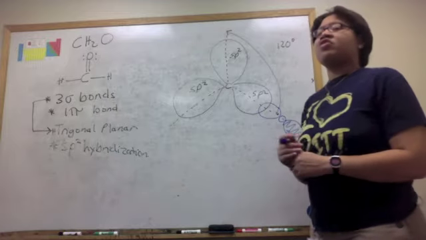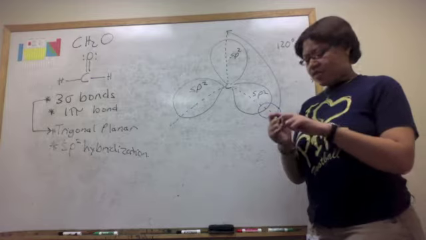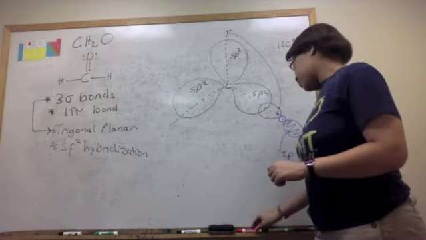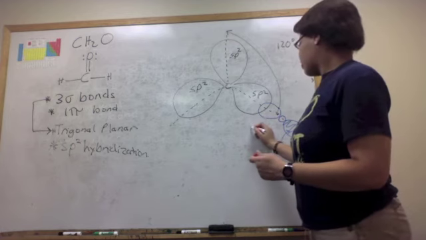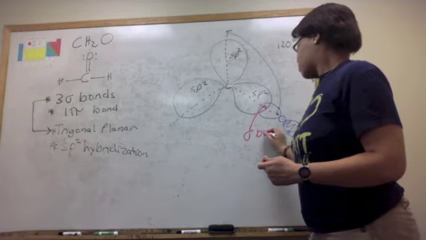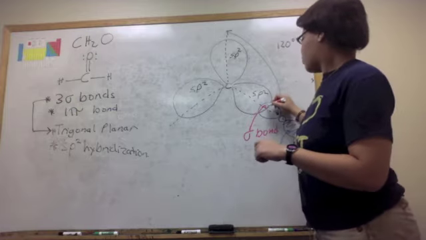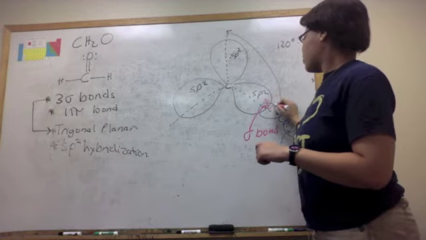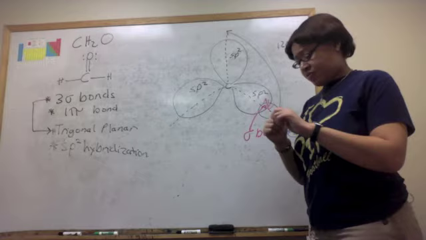This is an oxygen 2p orbital overlapping with an sp2 orbital from carbon. We also want to label the sigma overlap region. You can even put a pair of electrons there to remind you that that's an electron pair.